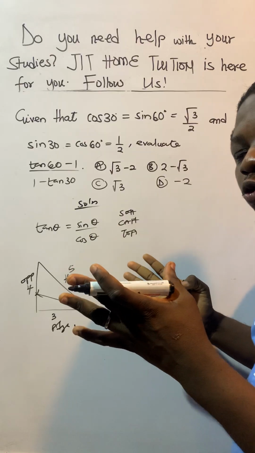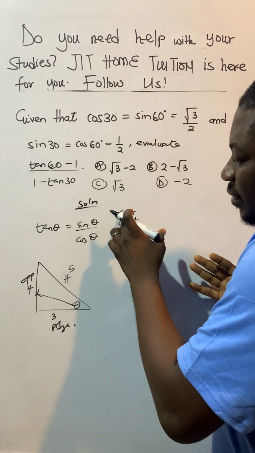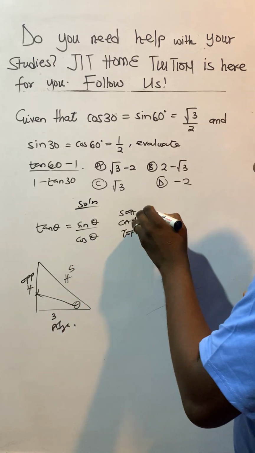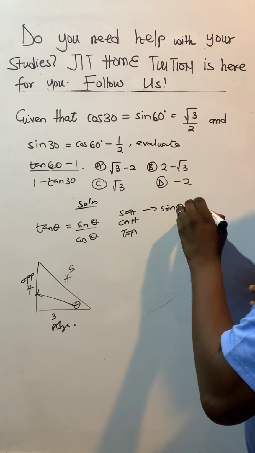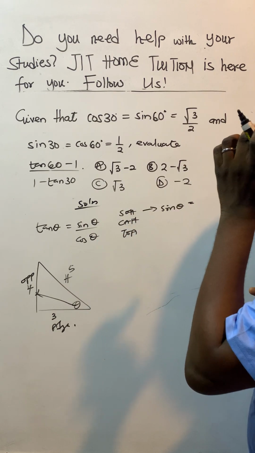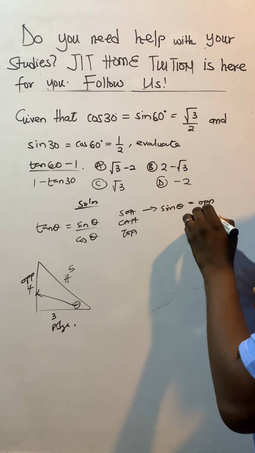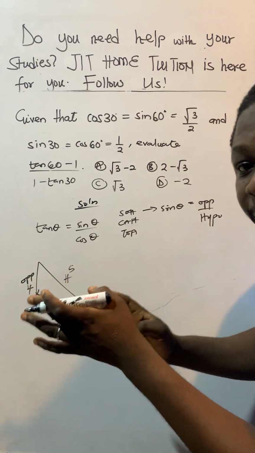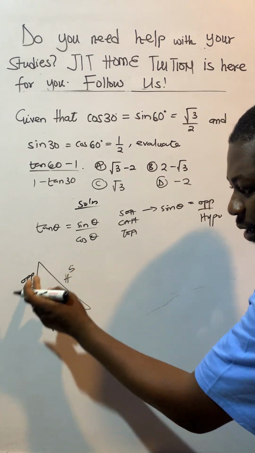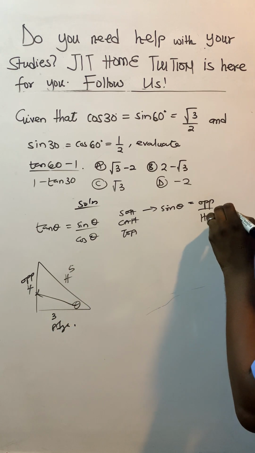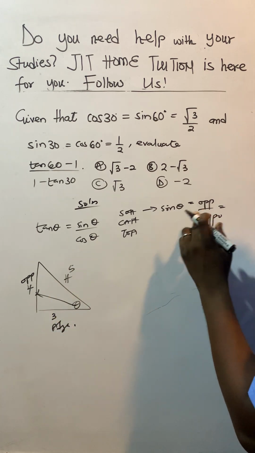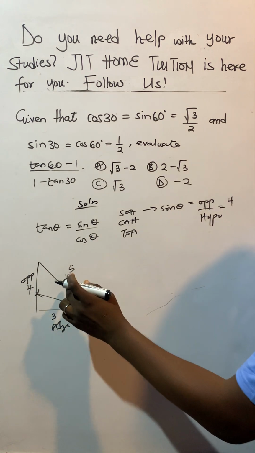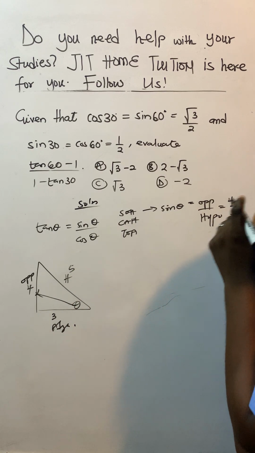This helps you to know that sine theta is opposite over hypotenuse. In this particular example, opposite is 4 and hypotenuse is 5.